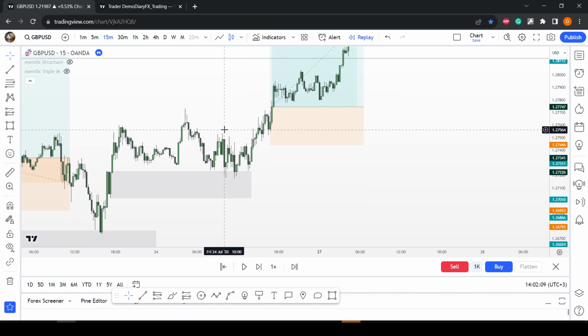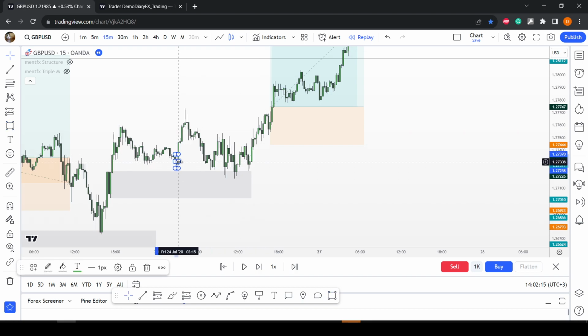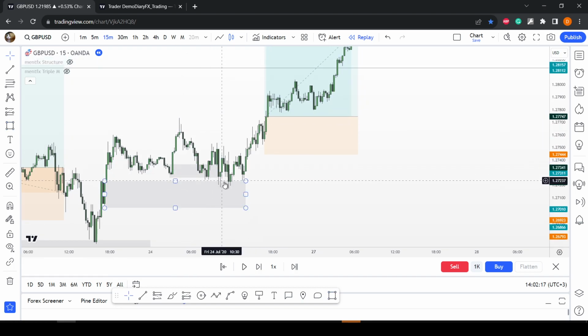So definitely, if I was trading from the zones, then you could argue that this is your zone and that is your zone, and you could enter here definitely, once.